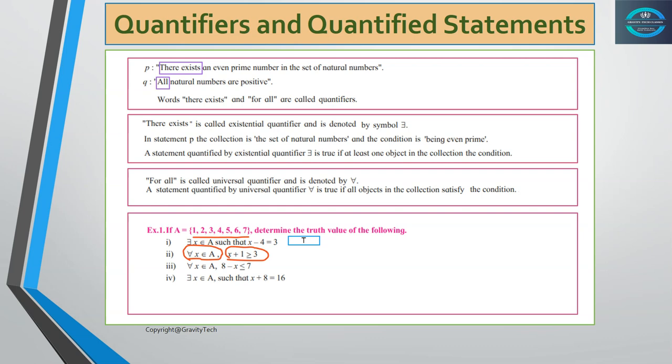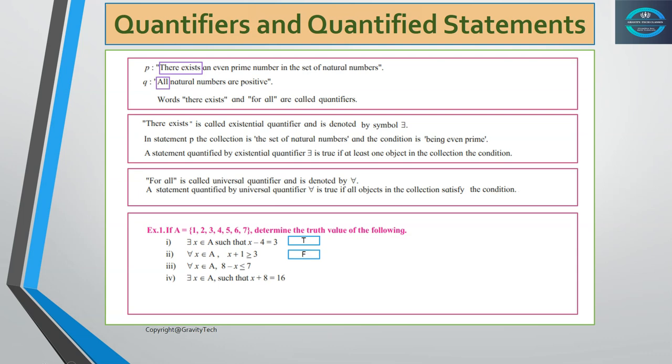So let's take x is equal to 1 first. 1 plus 1 is equal to 2. And what condition they have, greater than or equal to 3. So 2 is greater than equal to 3. Is it true? No. So that means this particular statement is false, right? For all x in a, this is not true. So this will be false.